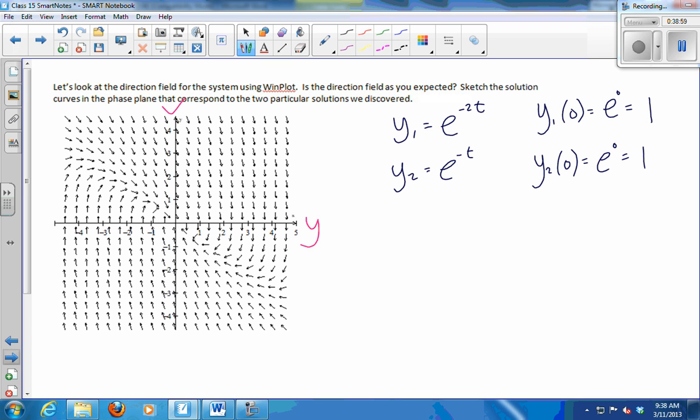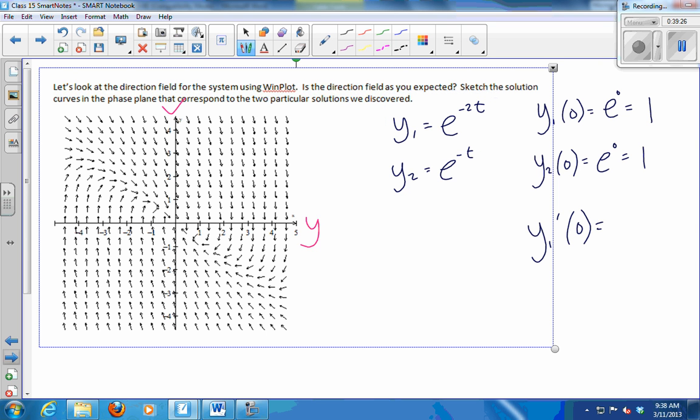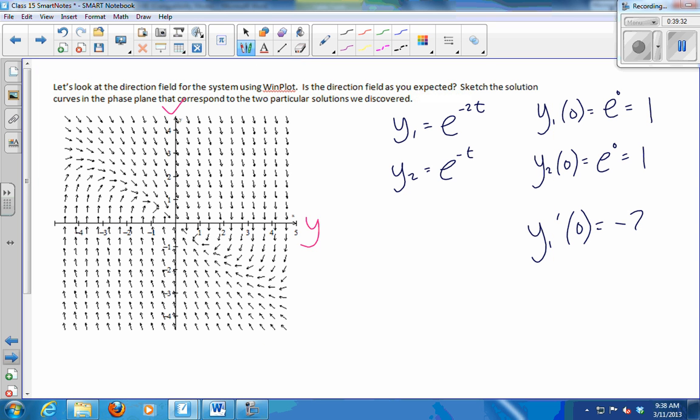And I have my initial condition, right? I know my initial y's, but I need my initial v's, because this doesn't have time in it. It has position and velocity. So how do I figure out what my initial velocity is? I know the derivatives. If y1 is e to the negative 2t, then y1 prime is negative 2 e to the negative 2t. So y1 prime of 0 would be negative 2, and y2 prime of 0 would be negative 1.